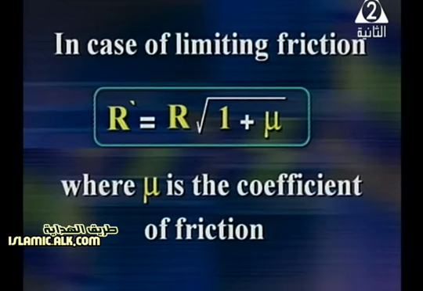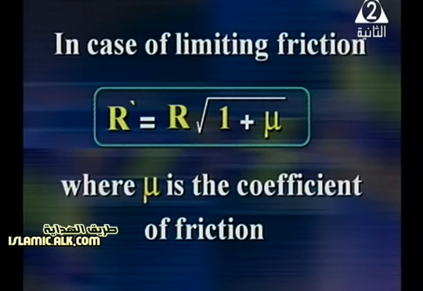What is the meaning of static coefficient of friction? Static: before the body is about to move, static force appears. Any static force has a coefficient. It is called the coefficient of friction in a static body. But when the body is about to move or moves, the coefficient is called the kinetic coefficient of friction.